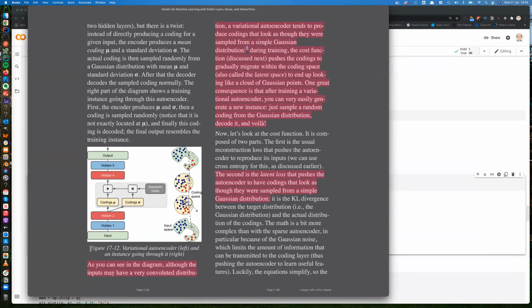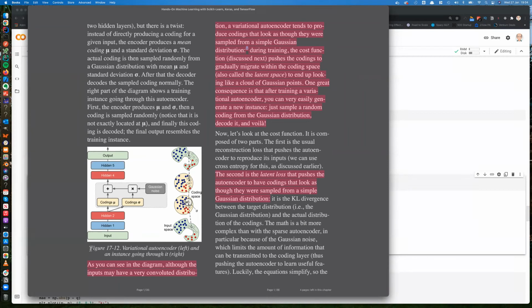I think it's pretty straightforward. The encoder produces some embedding or encoding of the input, and then we perturb this encoding, and the decoder starts from this perturbed version, not from the encoding itself.